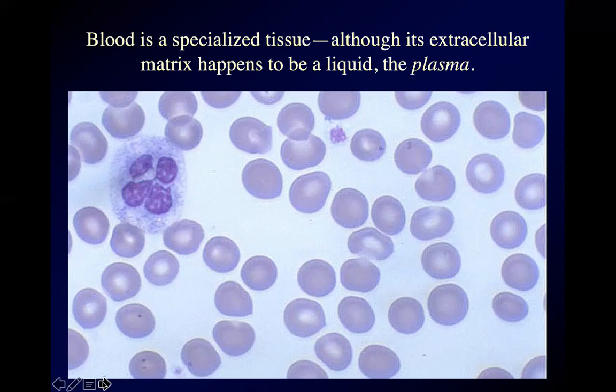That's that darker purple blobby thing inside the white blood cell. And what all of these cells are floating in is a liquid extracellular matrix called the plasma. You might have heard of people donating plasma for medical uses and, to afford textbooks these days and things like that. Well, that's what plasma is. It's liquid extracellular matrix.